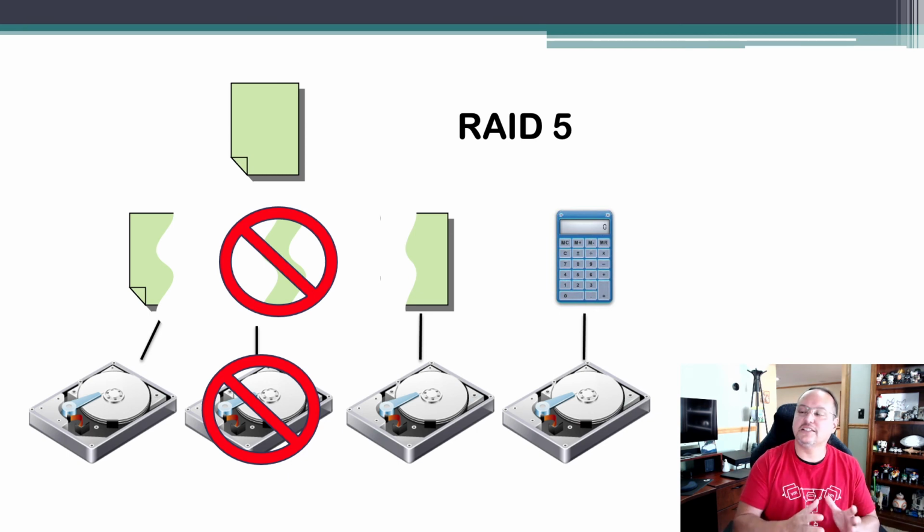But the reason this is so popular is that the more spindles you have, the more performance you have. Each disk has about 100 IOPS, input outputs per second, meaning 4 disks, 400 IOPS. That gives you great performance, both reads and writes. There's a little bit of a write penalty to deal with the parity calculation, but it's not big.